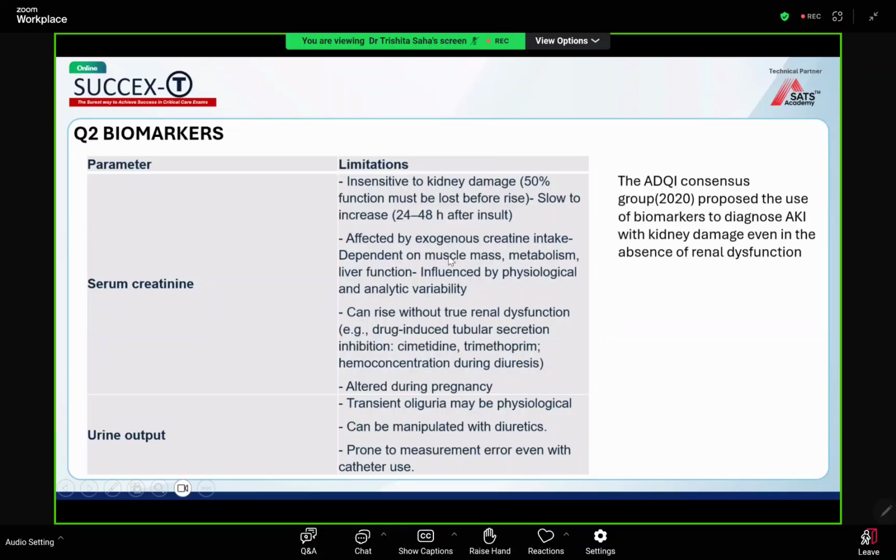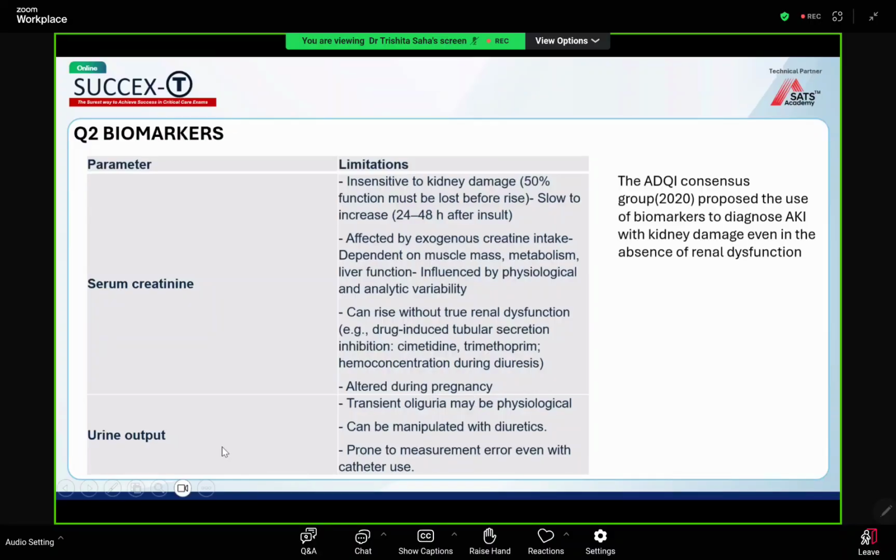It is affected by exogenous creatinine intake, dependent on muscle mass, metabolism, liver function, influenced by physiological and analytic variability, and can rise without true renal dysfunction because there may be drug-induced tubular secretion due to cimetidine or trimethoprim, hemoconcentration during diuresis, and it is altered during pregnancy.